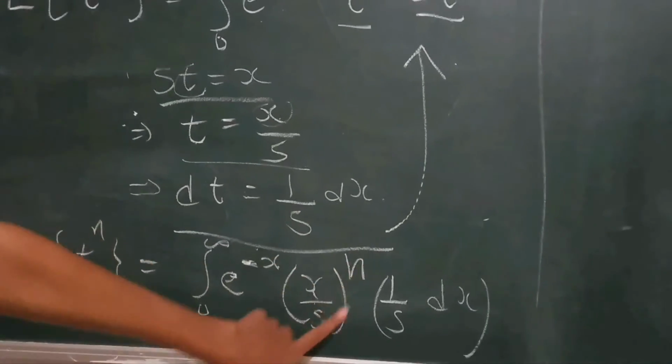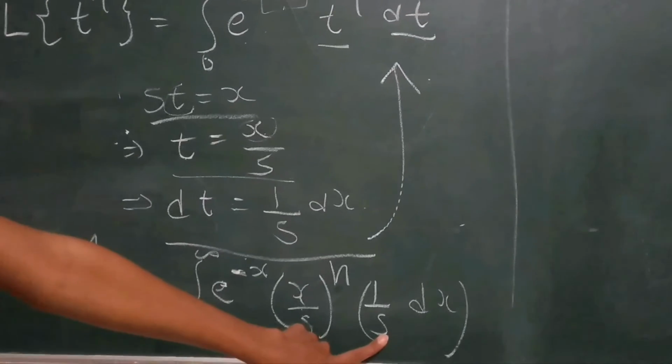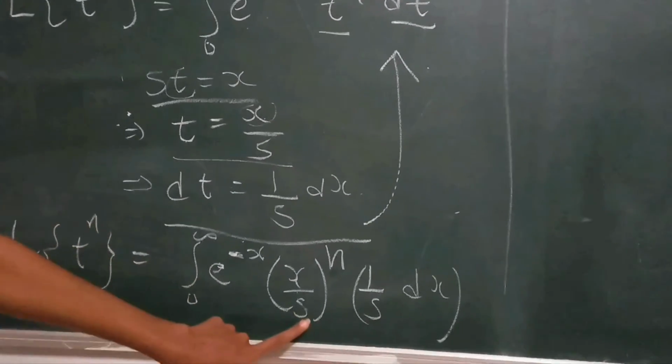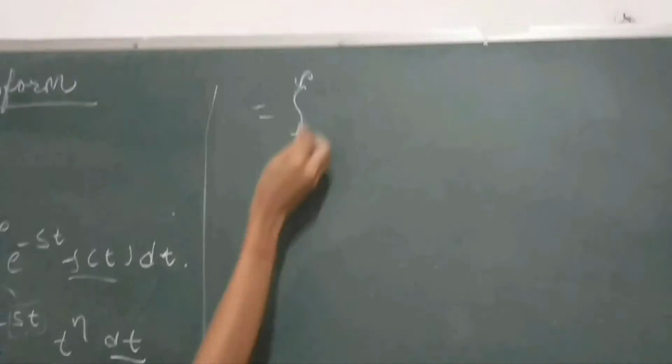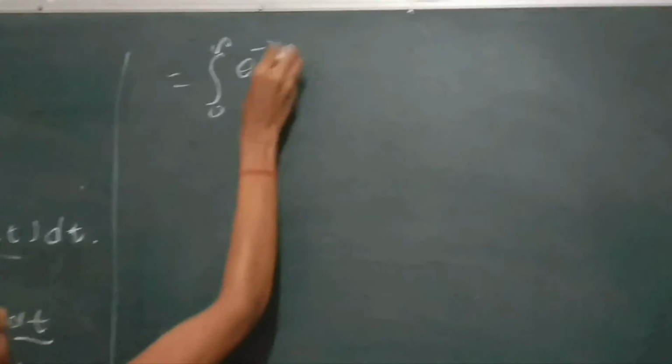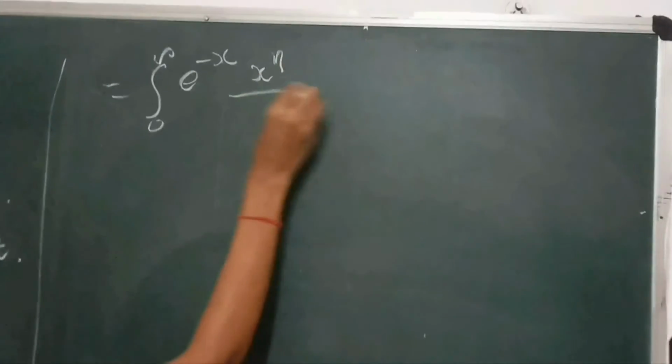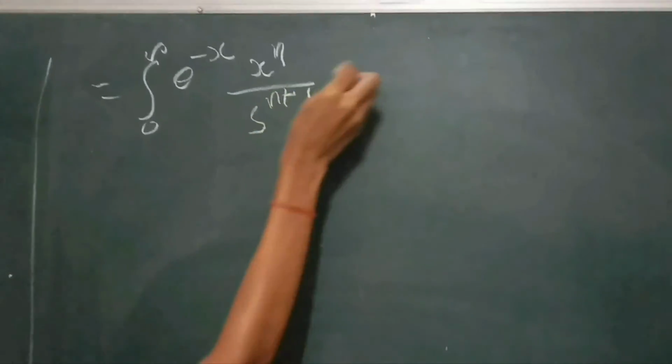Here 1 upon s raised to n into 1 upon s, which is equal to 1 upon s raised to n plus 1, times the integral from 0 to infinity of e raised to minus x, x raised to n, dx.